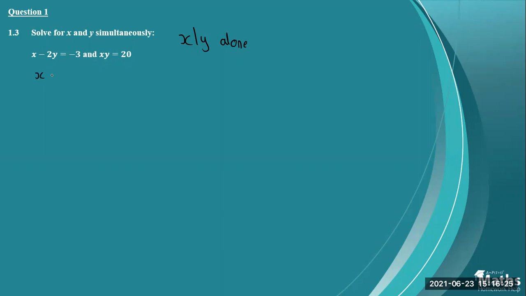Now, when I do this, I know many teachers would write it underneath each other. I don't. I normally just write it next to each other. In this way, I know that I won't sub the wrong one into the wrong one or the same one into the same one.